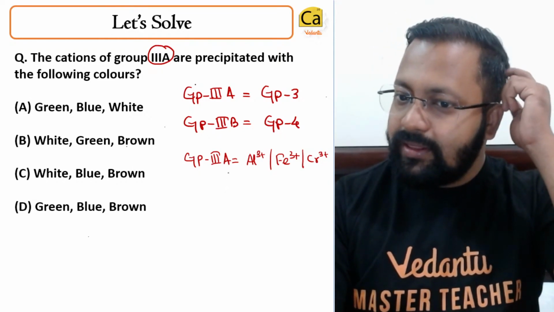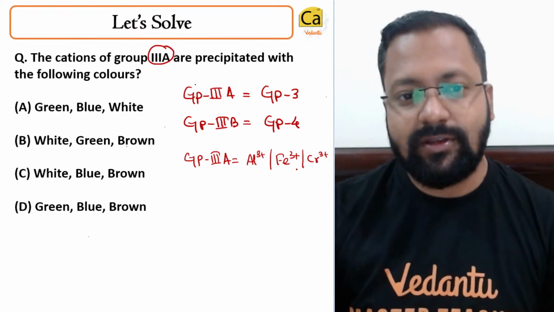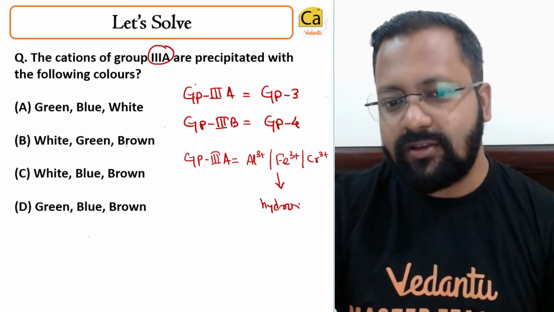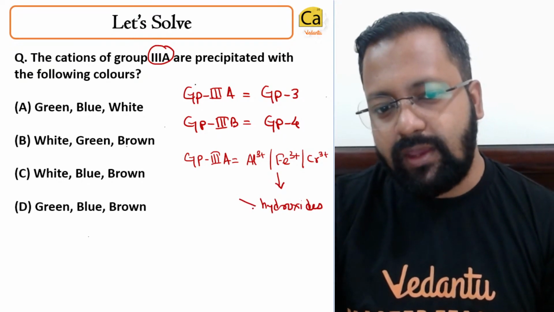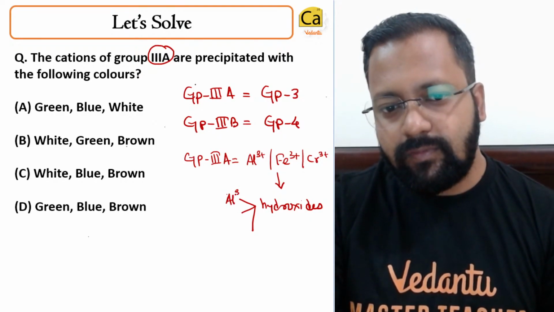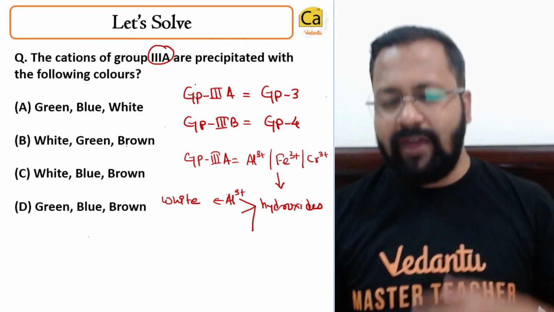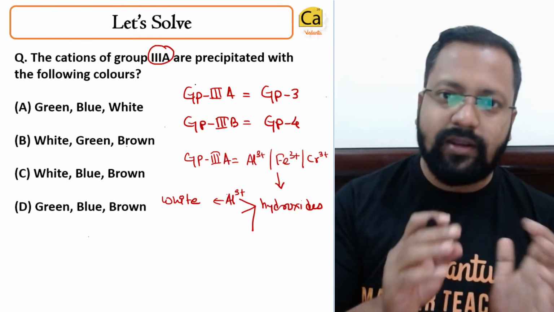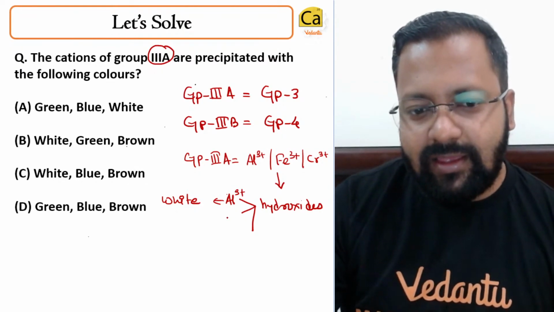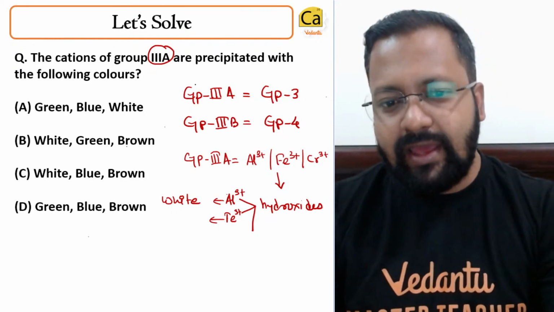Now these cations are precipitated as hydroxides, and these hydroxides appear in 3 different colors. Your aluminium appears as white. It is in fact gelatinous white. Gelatinous is the appearance. It looks slightly slimy. Your Fe3 plus appears as reddish brown.